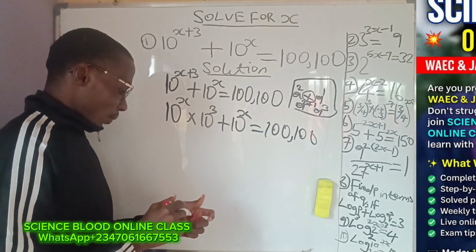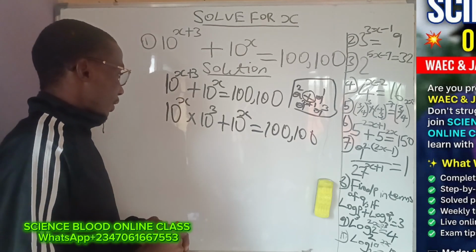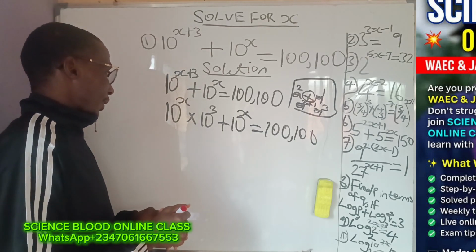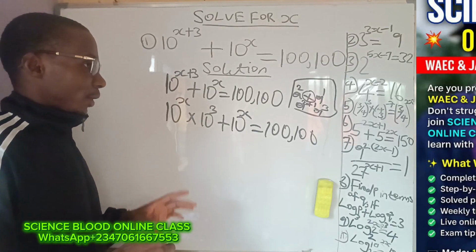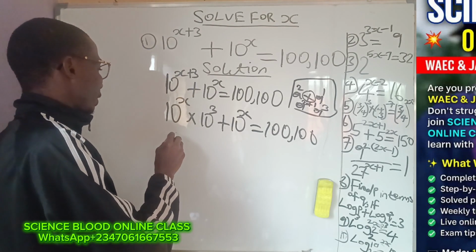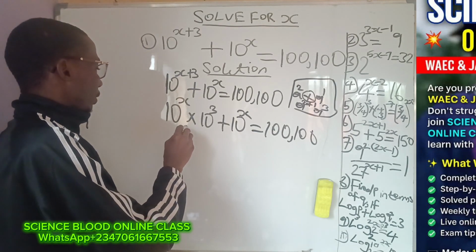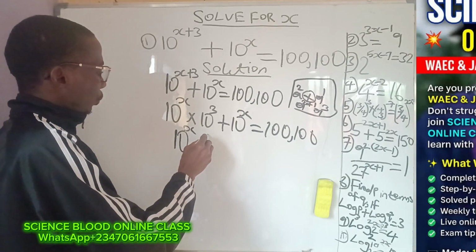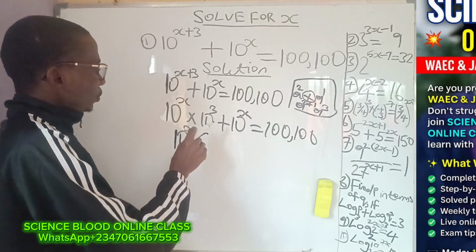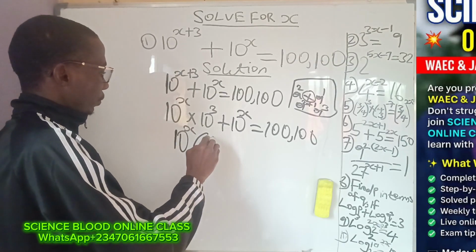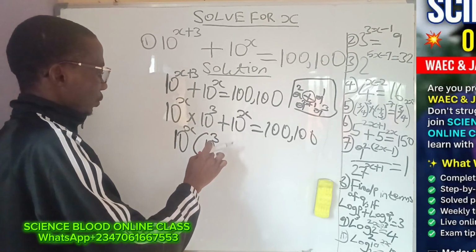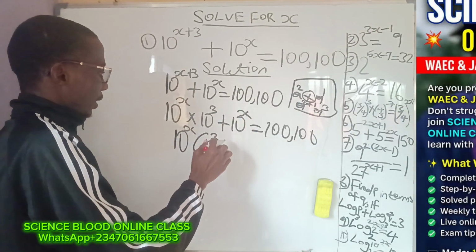What are you going to do next? You collect like terms by bringing out the common factor on the left-hand side, which is 10 to the power of x. You open a bracket. Here this is 10 to the power of 3.